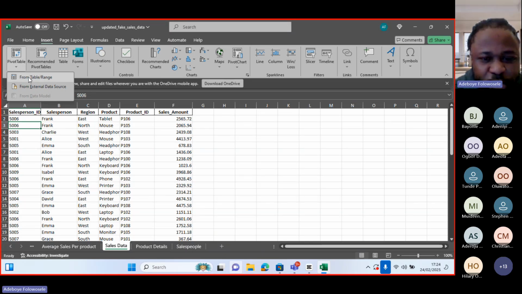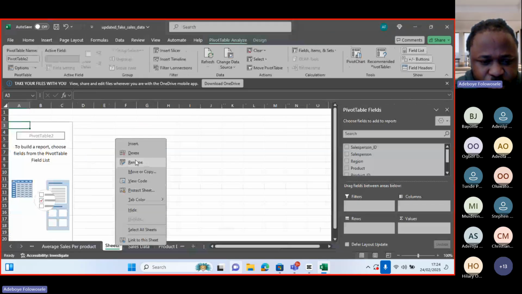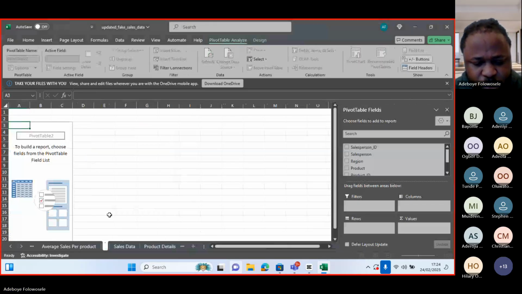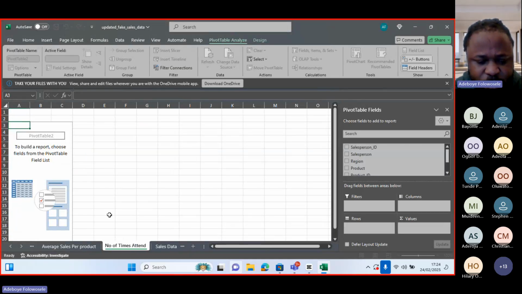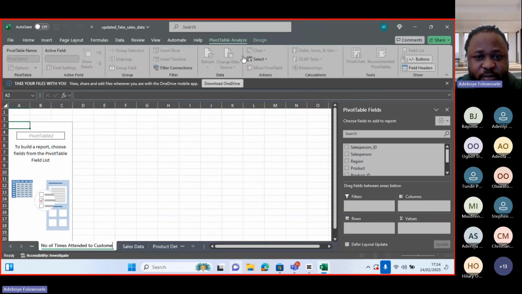So private tables. Okay. So sales, number of times attended to the customer. That is the number of times they made sales. So let me just change it to the number of times sales were made.